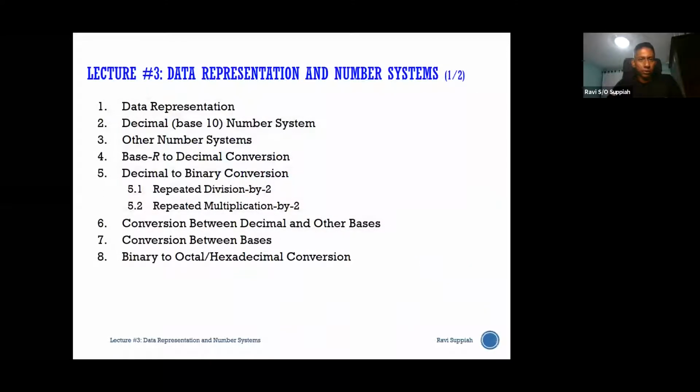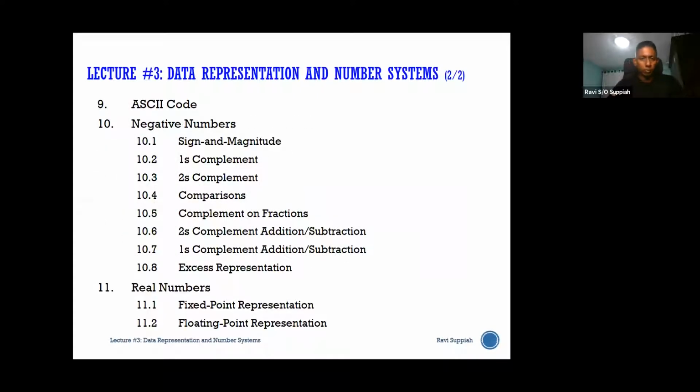We're going to be covering all of these topics. Some will be a bit more detailed than the rest, but the whole idea is for us to appreciate what is actually happening in terms of the different number systems and how they are used in computing platforms.